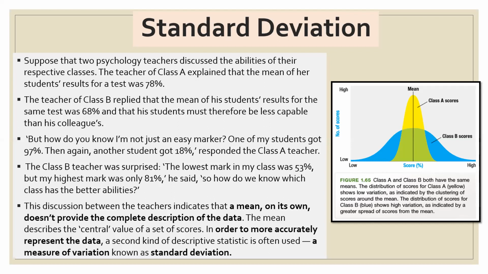So this is why the standard deviation is used to understand what kind of spread we are seeing in terms of the results. Are we seeing a big difference in results, or are we seeing a small difference in results?